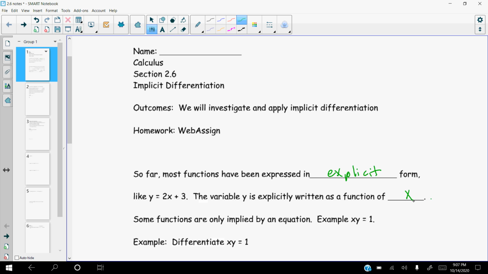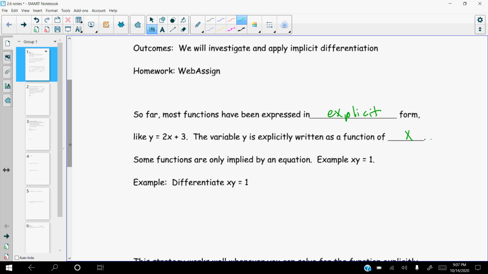So if we wanted to differentiate xy equals 1, we could actually do that by solving it for y. So we're going to solve the equation for y by dividing both sides by x. Okay, and then we can change 1 over x to x to the negative 1 power. Now we can use the power rule.